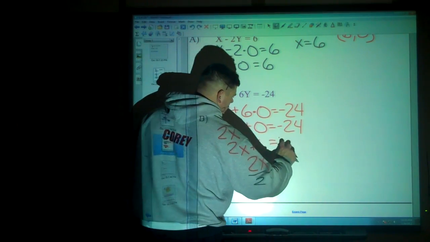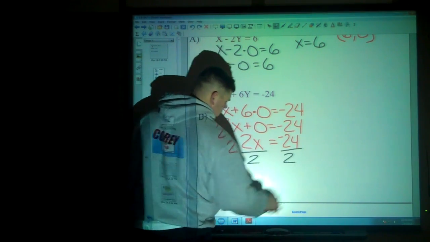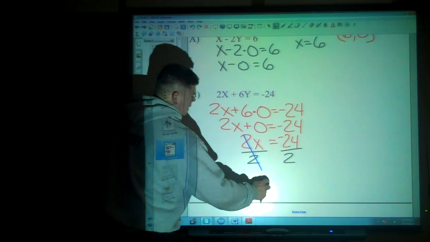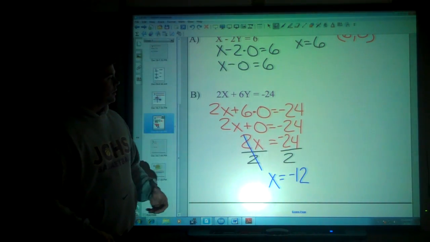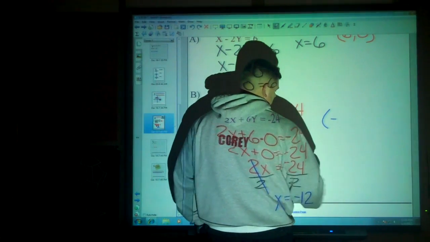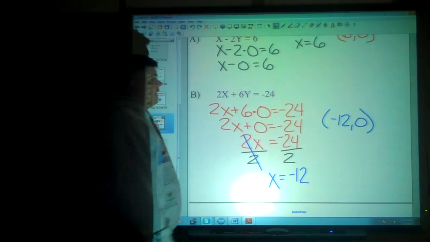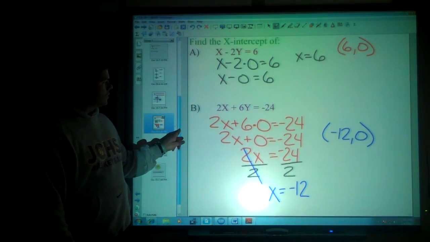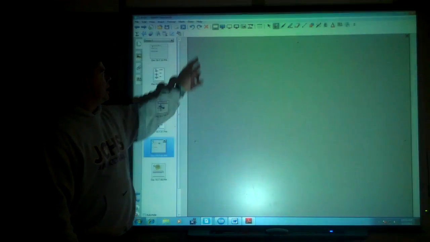This 2x equals negative 24. Divide both sides by 2. And you get x is negative 12. But as a coordinate, our y value is 0, so we would say negative 12, 0. That would be the actual x-intercept. So if you want the x-intercept, plug 0 in for y.